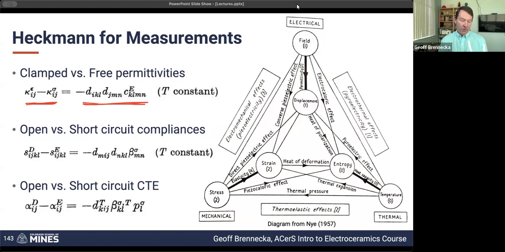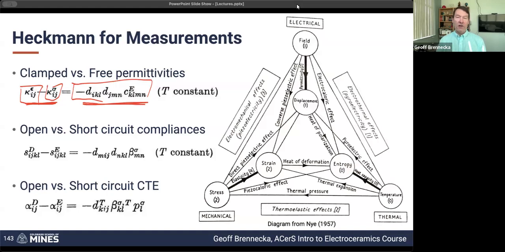and say, if I'm measuring a permittivity at constant strain, that means that I'm measuring something fast, really high frequency. At constant stress, it's going to be a lower frequency. And so if I just do a frequency sweep of permittivity and say, here's what the value is at high frequency, here's what the value is at low frequency, now I can get a feel for what the stiffness and the piezoelectric responses are.